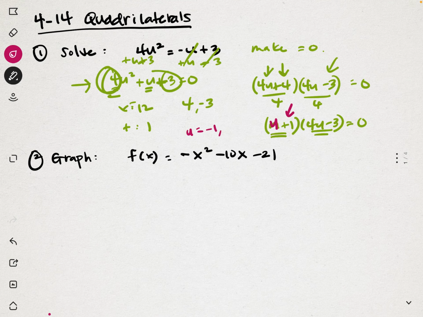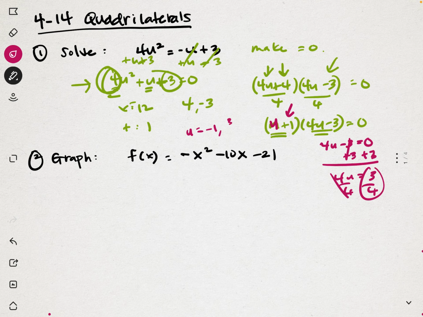Now the second one, we might have to do a little bit of solving. So 4u minus 3 equals 0. We're going to add our 3 to both sides. So 4u equals 3. And then when we divide by 4, we get 3/4. And then we'd be done.